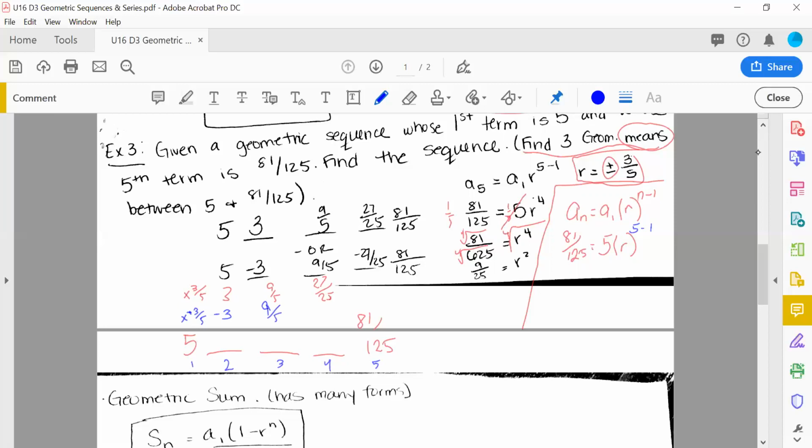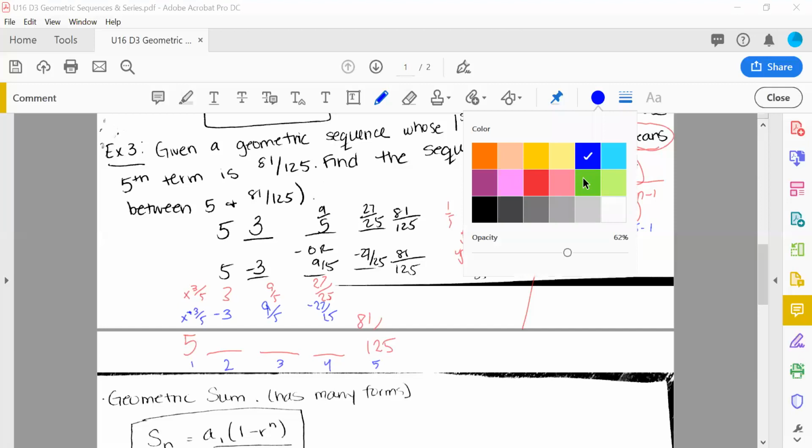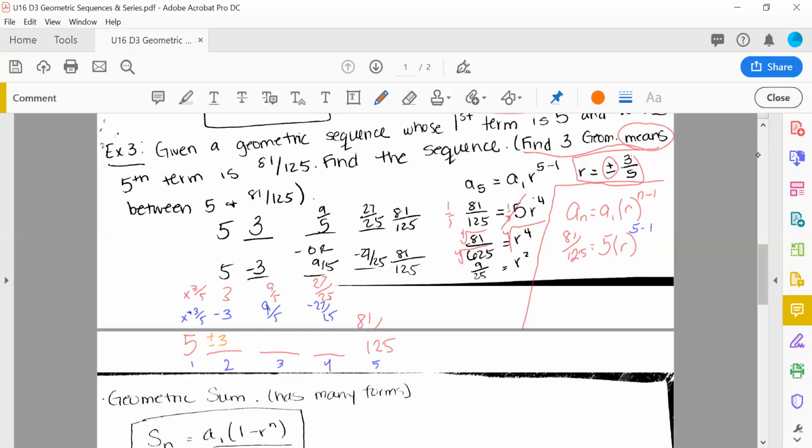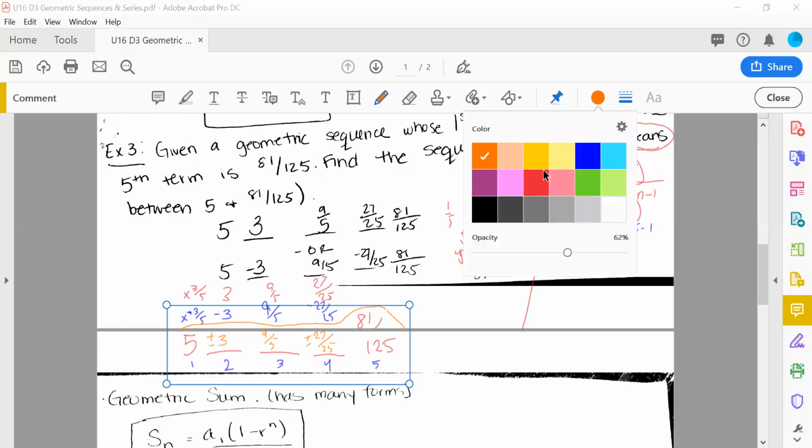And positive 9/5 times -3/5 is -27 over 25. So if I want to do it in another color altogether, orange, I could just write plus or minus 3, only positive 9/5, and then plus or minus 27 over 25. So this right here, if I box it, those are my 3 answers to that question.